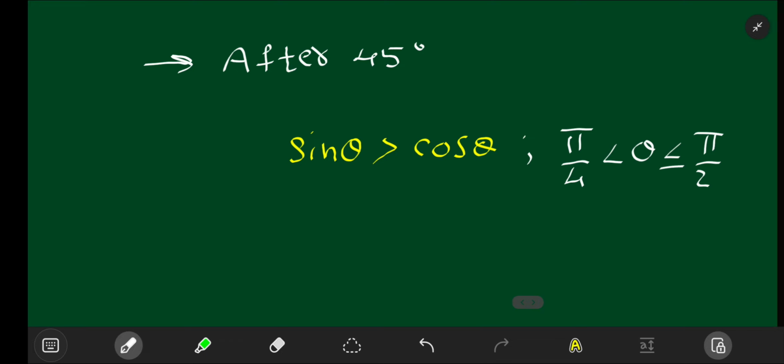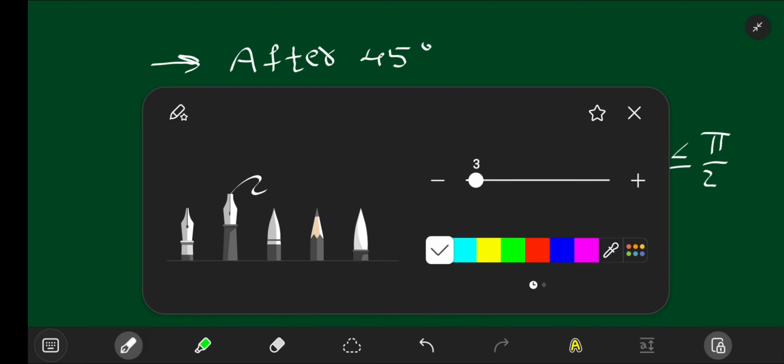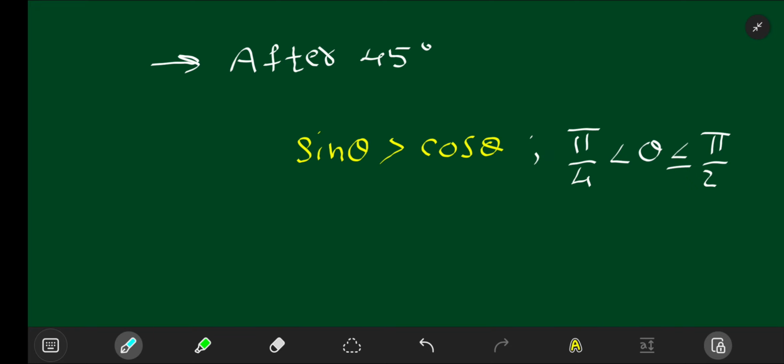The next point is after 45 degrees. If you substitute 90 degrees in place of theta, sin 90 degrees is 1 and cos 90 degrees is 0.